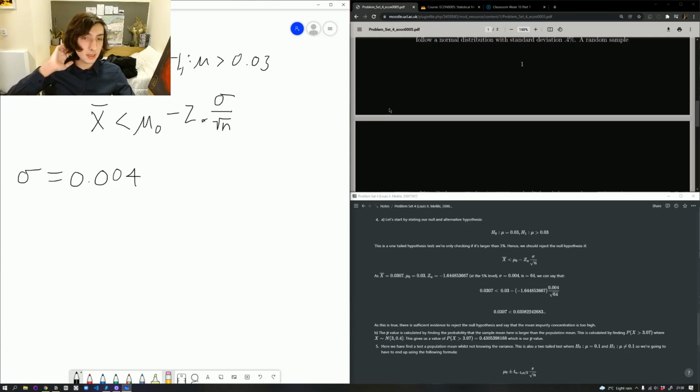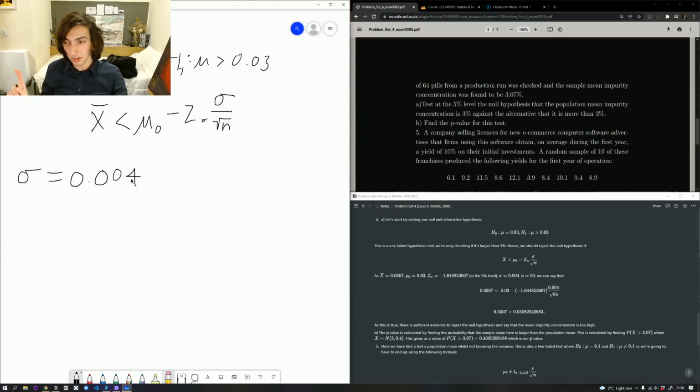A random sample of 64 pellets from production runs was taken, so n is equal to 64, and the sample mean impurity concentration is found to be 0.0307. There we go. So now we can test.